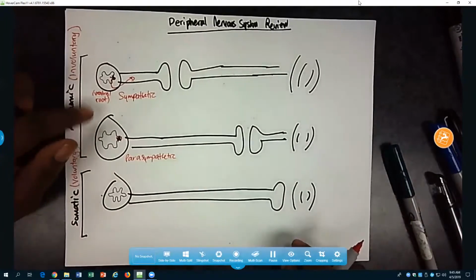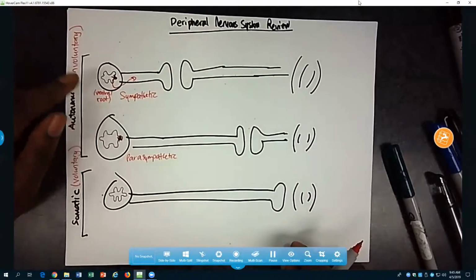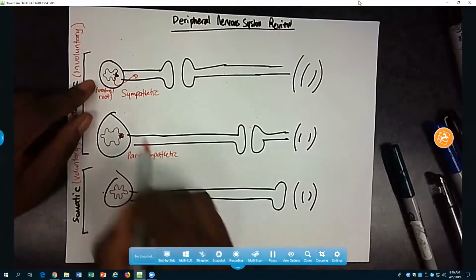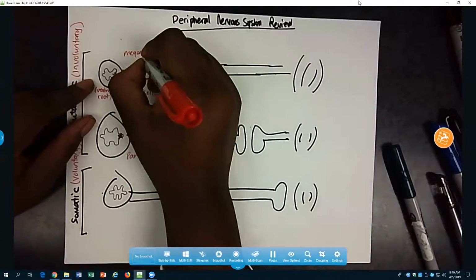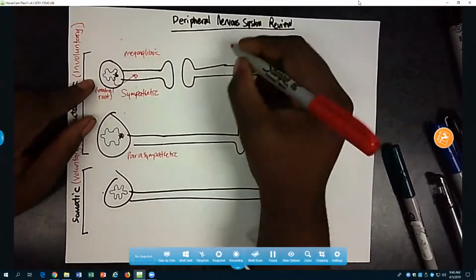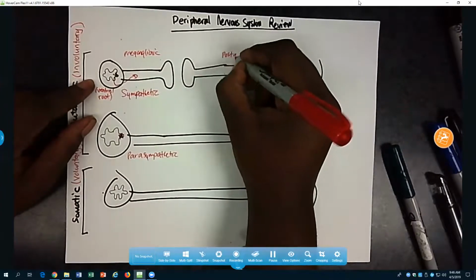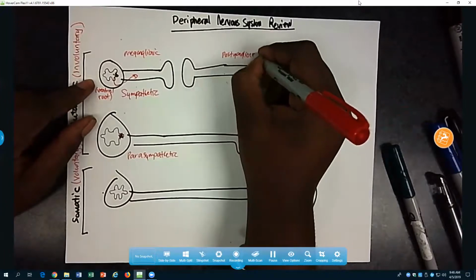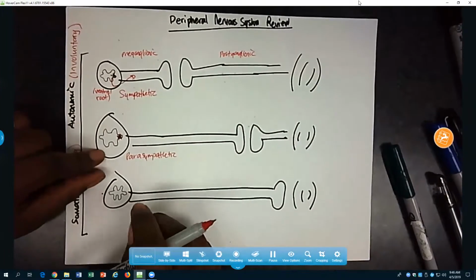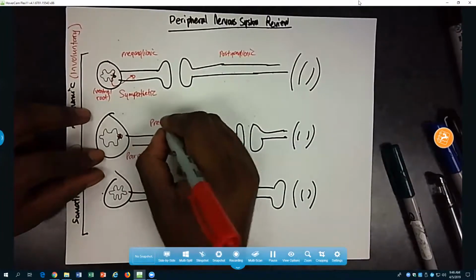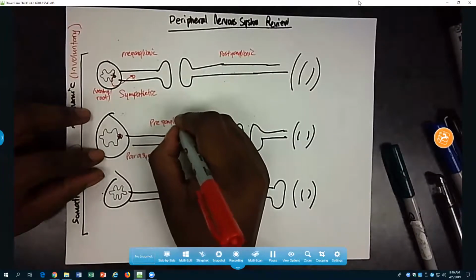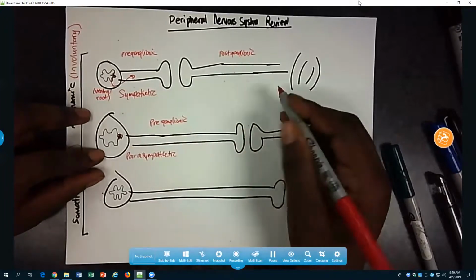Now, there were two different types, two different lengths of neurons. The sympathetic system had a shorter preganglionic neuron and a longer postganglionic neuron, whereas the parasympathetic system had a longer preganglionic neuron and a shorter postganglionic neuron.